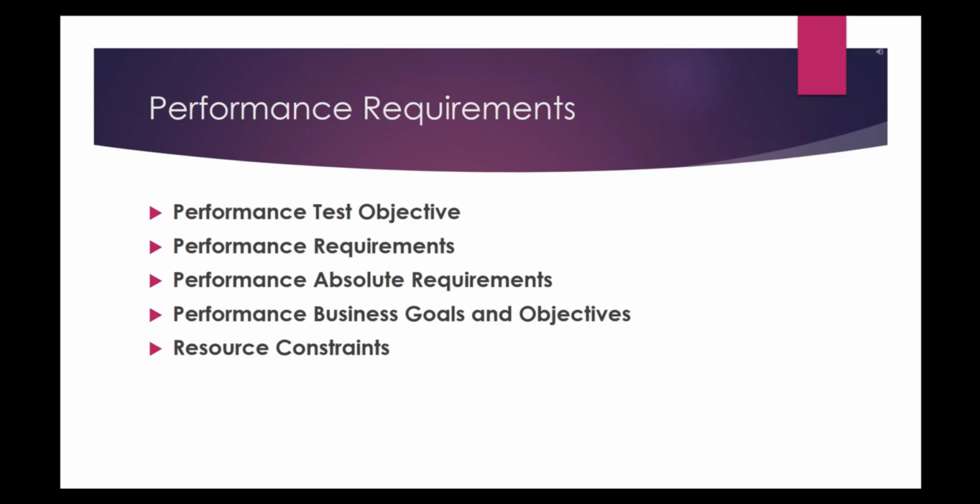Performance absolute requirements include criteria for contractual obligation, service level agreement, or fixed business needs. Performance basic goals and objectives include criteria desired in the application, but variance in these can be tolerated under certain circumstances. Resource constraint is to ensure whether we will be given a dedicated testing environment for carrying out our performance testing activities, or whether we need to share the environment with any other teams.